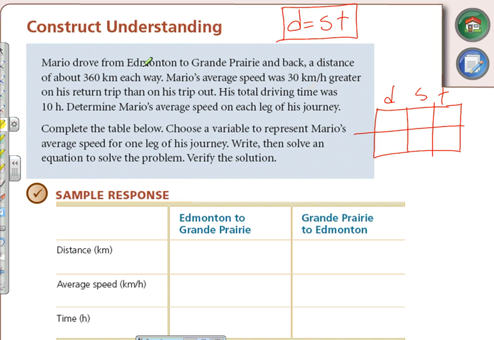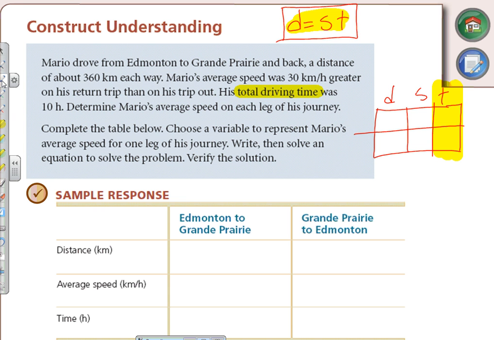In this case, I'm told here, I've got total time. So I'm going to highlight that, because that's the one that I'm going to use the formula on, the equation, the D equals ST. Whichever column here is either equals or totals is the one you're going to use your equation on.